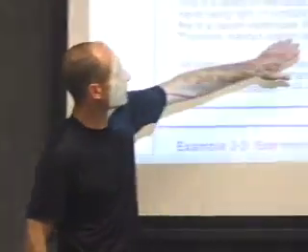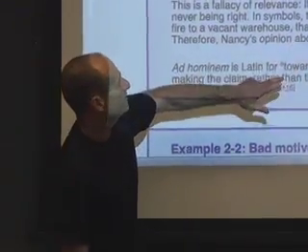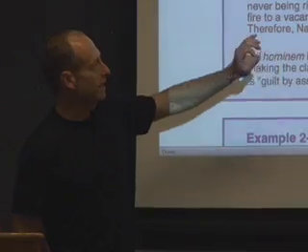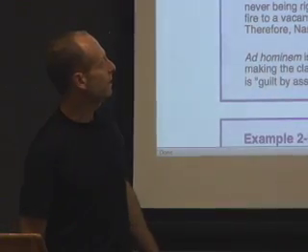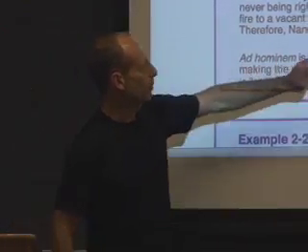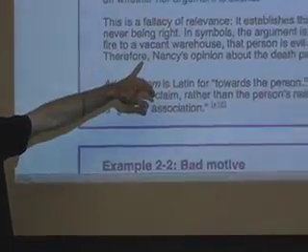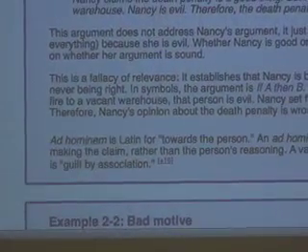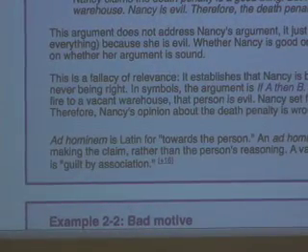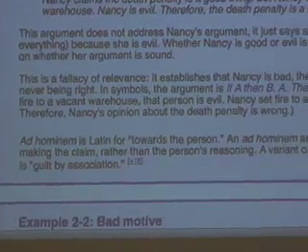Okay, what kind of fallacy is this? I mean, we've named it. It's an ad hominem, but generally, what's going on? We're basically saying that if A, then B, A, therefore C, right? So what's the argument? If somebody sets fire to a vacant warehouse, that person is evil. Nancy set fire to a vacant warehouse, therefore Nancy's opinion about the death penalty is wrong. Right? It doesn't follow.